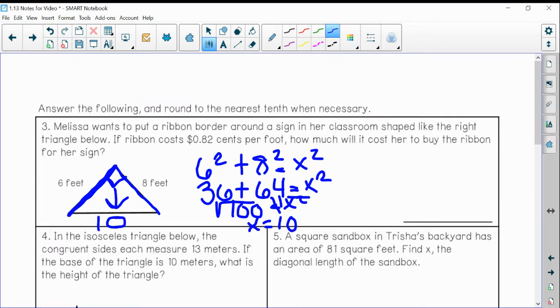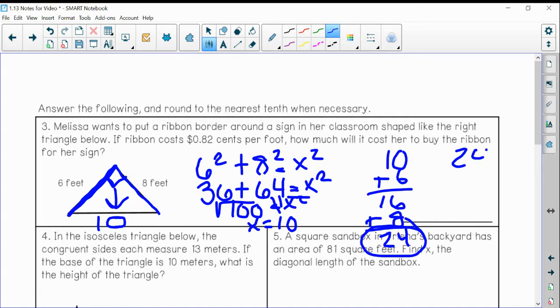So now I know how much ribbon is all the way around it. I have 6, I have 8, and I have 10. So in total, the entire perimeter of that sign is going to be 10 plus 6 is 16 plus 8 is 24. So we have 24 feet. But I want to know how much it costs to buy 24 feet of ribbon.